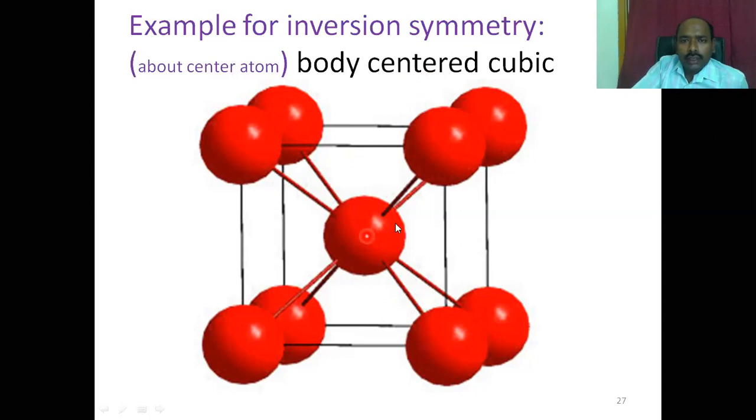If we consider this, its inversion point is this one, and if we consider this one, its inversion point is this. Similarly we can see it is about inversion symmetry.